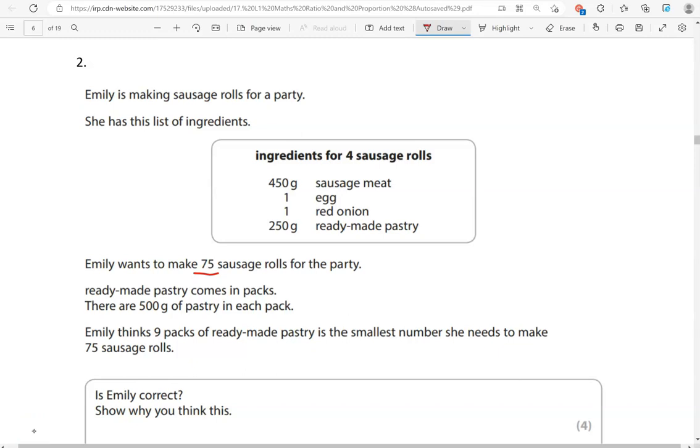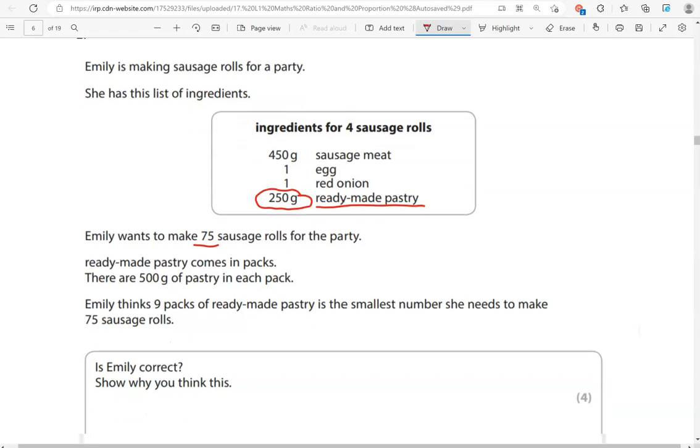So we've got the ingredients for 4 sausage rolls: sausage meat, egg, red onion, ready-made pastry. The only one we're interested in is ready-made pastry. So for 4 sausage rolls, you need 250 grams of ready-made pastry.